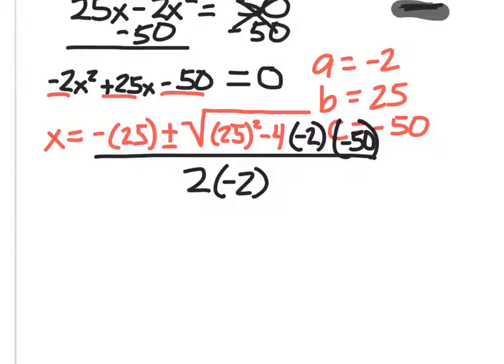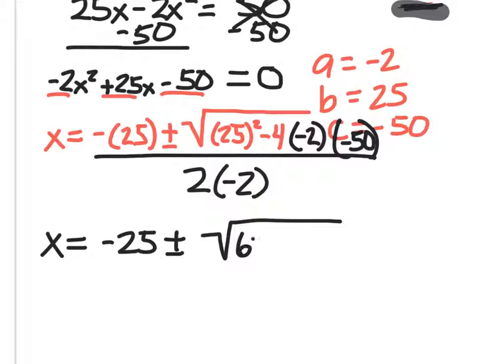Now let's simplify the quadratic formula here. On the next step, I'm going to say x equals negative 25 plus or minus the square root of 625. Now I multiply these three together and I get a negative 400.